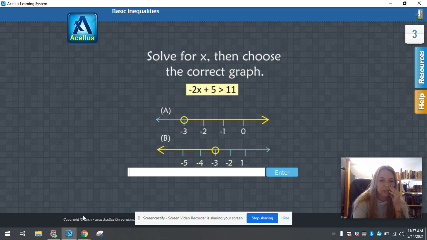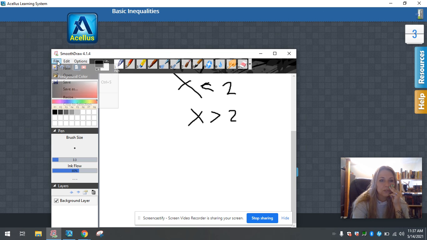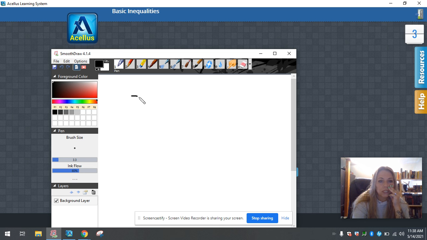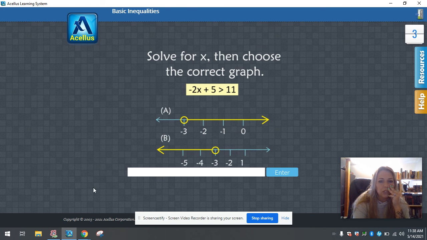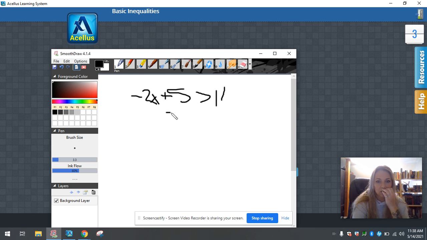Negative 2x plus 5 is greater than 11. Okay, we're going to subtract 5 from both sides. 11 minus 5 is 6.